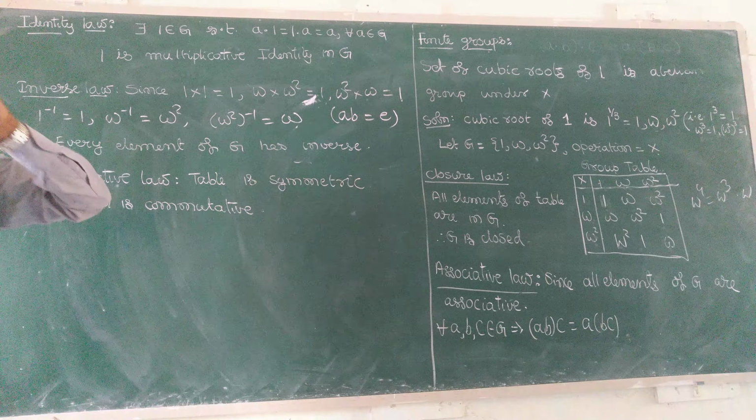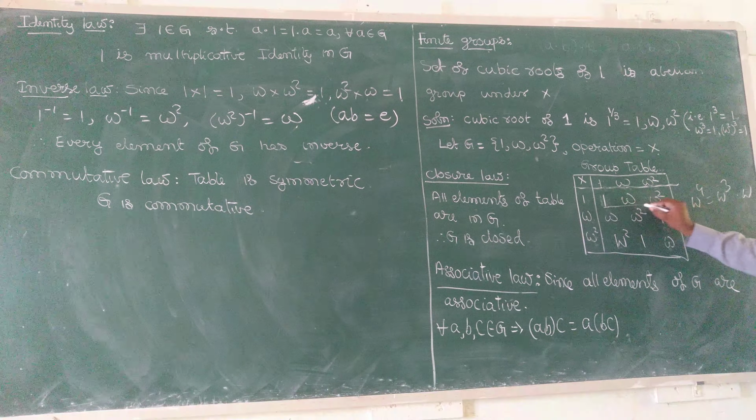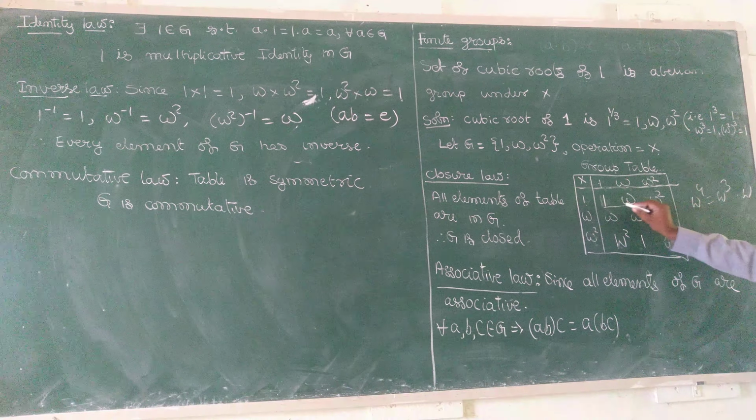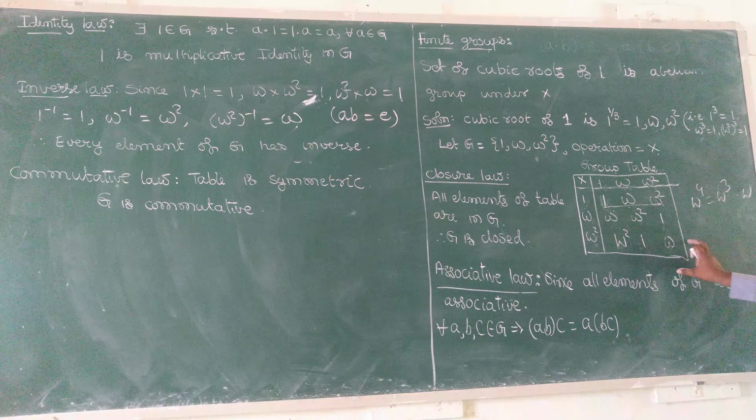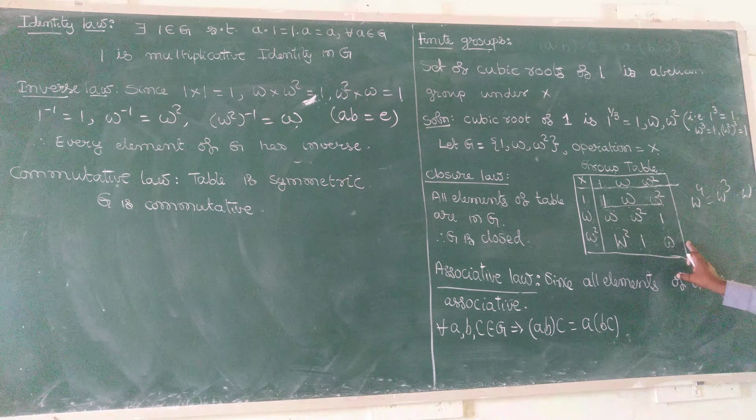Observing the table here, the first row is 1, omega, omega square. Corresponding to it, the first column is 1, omega, omega square. Both are in the same order. In such a case, we say that the table is symmetric.